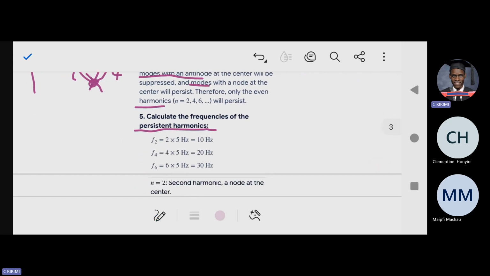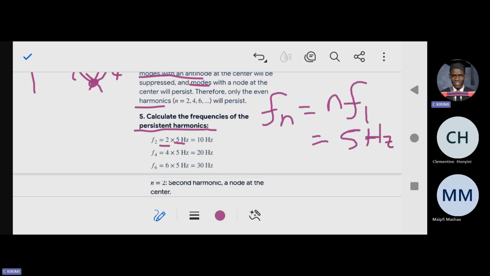So now we replace in our formula, Fn, which means the frequency for that mode, is equal to n multiplied by the fundamental frequency. The fundamental frequency was given as 5 Hz. So the first n we are going to replace is 2: 5 Hz times 2, then you get 10 Hz.